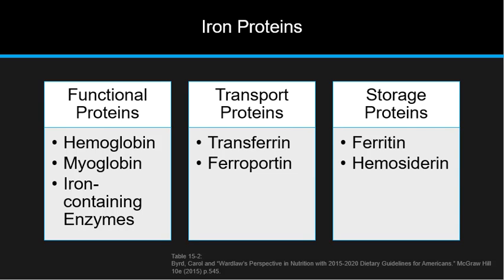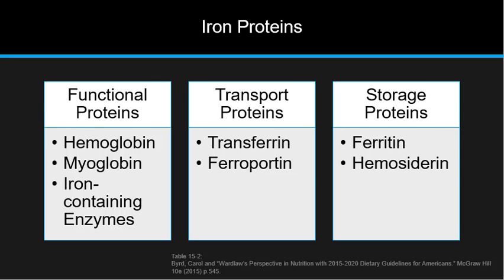And the transport proteins, transferrin and ferroportin, these are important because as these bind to iron, it prevents it from all those redox reactions. Iron is pretty reactive, so it can actually make free radicals in the body, and those can damage cell membranes and DNA.